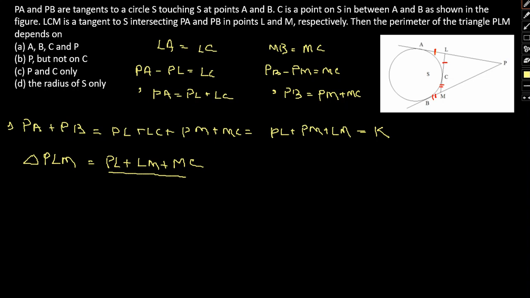So we can see it's entirely dependent on point P, right? It's only dependent on point P. So option A gets cancelled. P and C only also gets cancelled. Radius R. So option B is the correct answer.